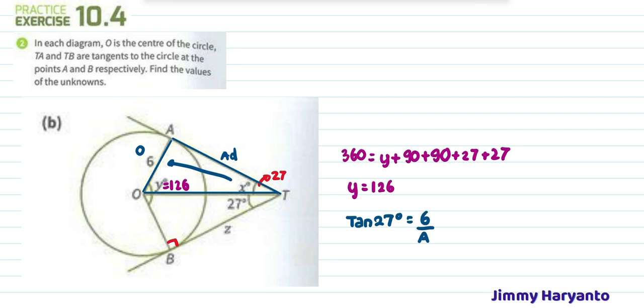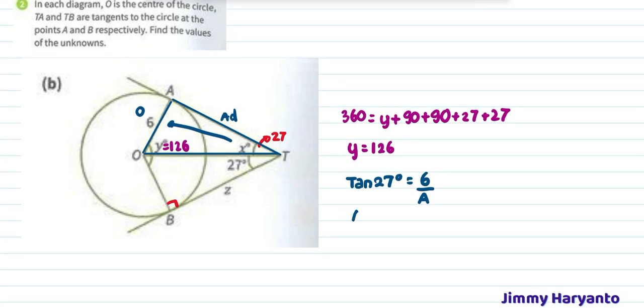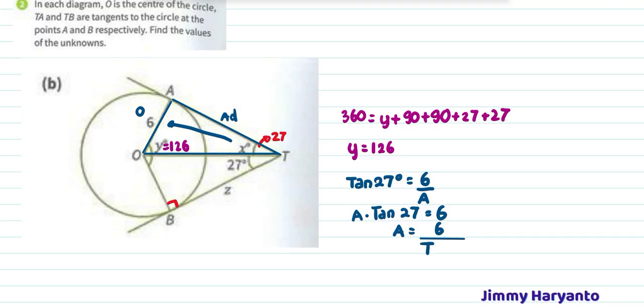The opposite equals 6, and then cross multiplication: a times tangent of 27 equals 6. So a equals 6 divided by tangent 27. Use your calculator, and the answer is 11.8. That means z will also be 11.8.